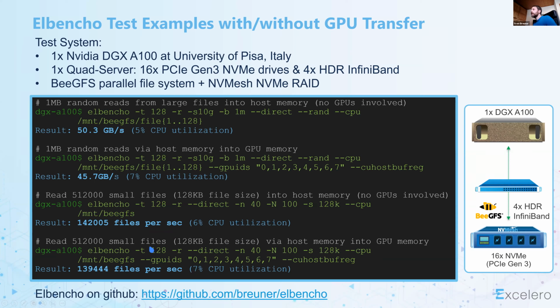And then the next test is again, what performance do we get when, after reading into host memory, we transfer all the files also into GPU memory? Then we can still read at almost 140,000 files per second. CPU utilization slightly increases, but the rate is almost the same.